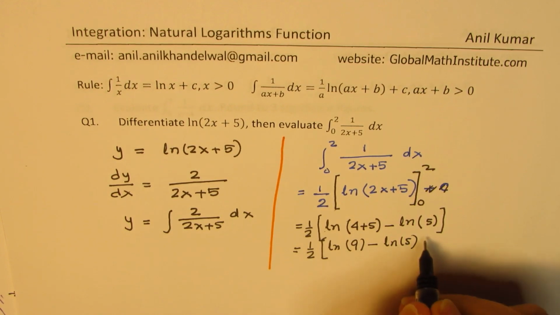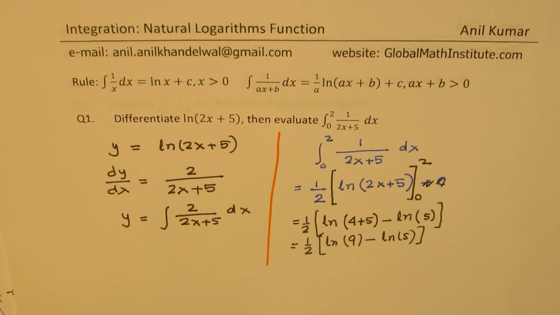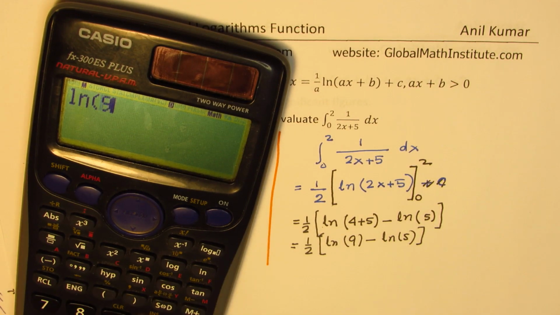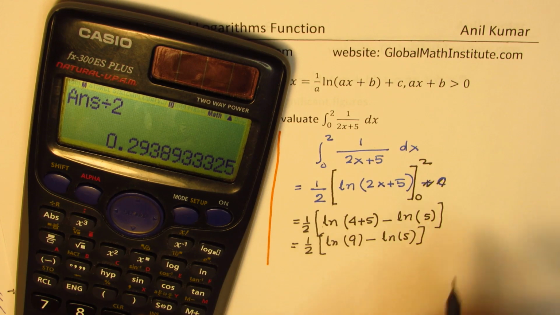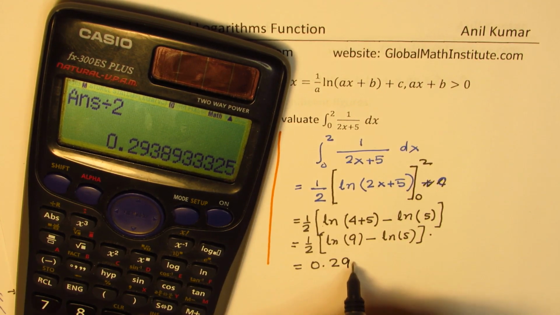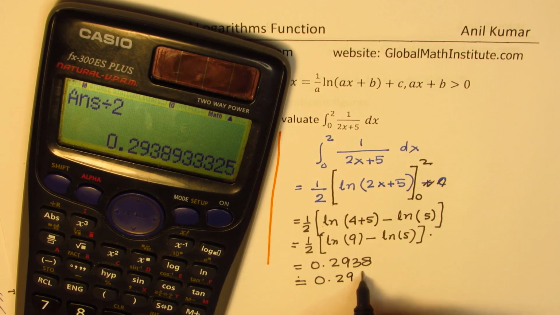You can say 9 divided by 5 also. Let's calculate the value. ln 9 minus ln 5, divided by 2. The answer here is equal to 0.2938, so we can approximate this to 3 decimal places, 0.294.